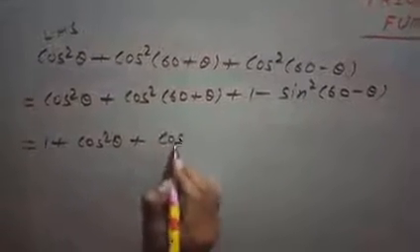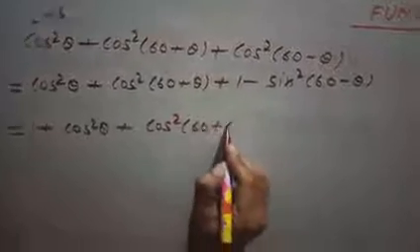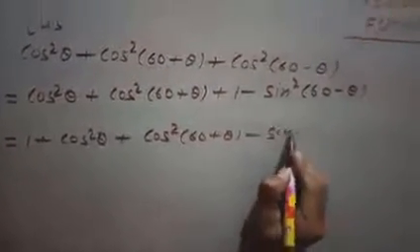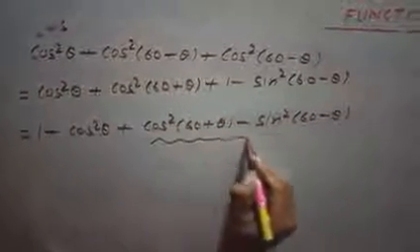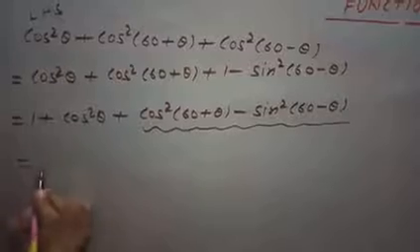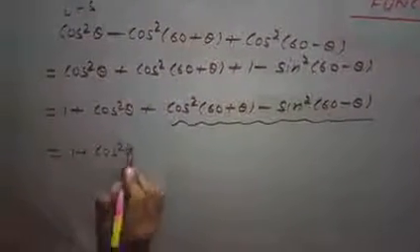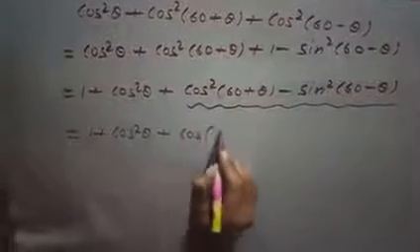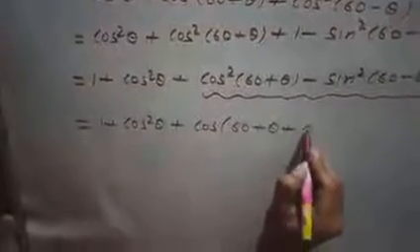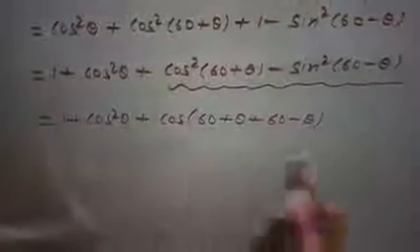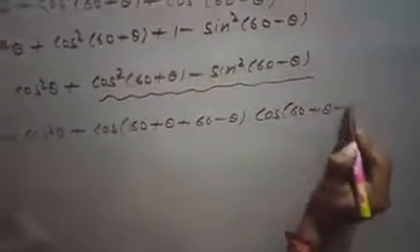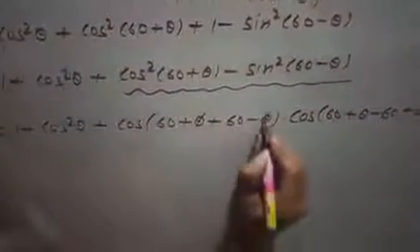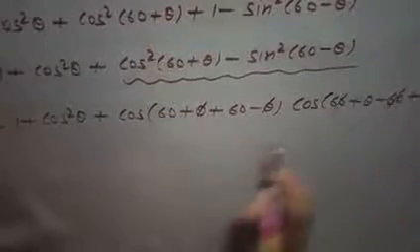Now cos square(60 plus theta) minus sine square(60 minus theta). Cos square a minus sine square b, this is the formula of cos(a plus b) into cos(a minus b). So here we can see theta cancels and 60 cancels.